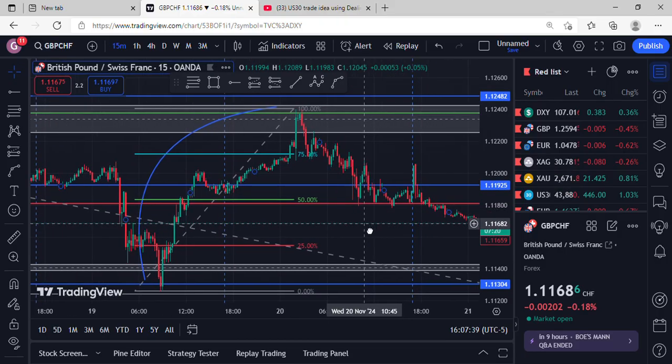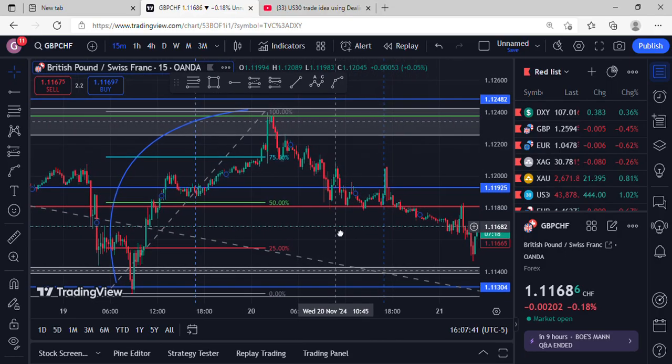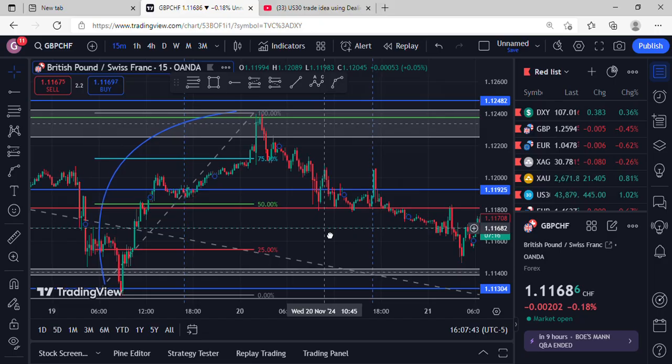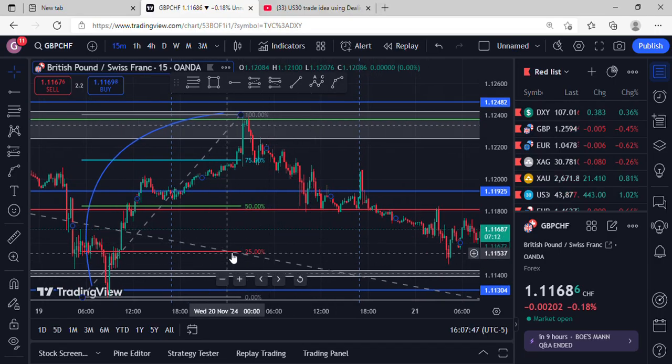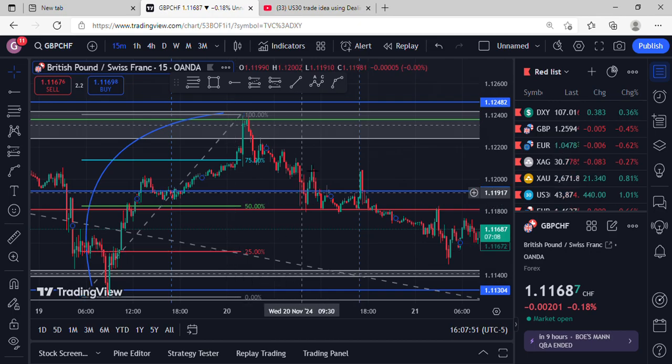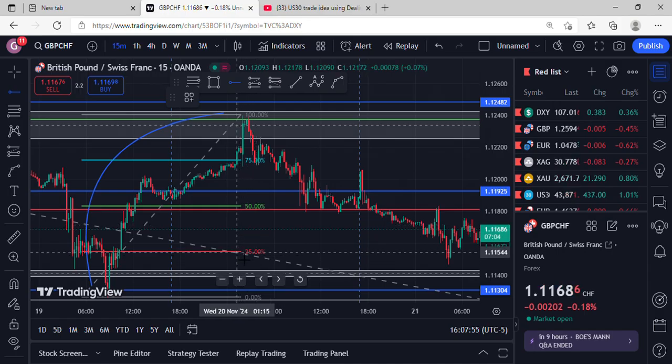So we see how we targeted the sell side of the curve right into the 25 DRT level. You see, we mark that out with the ray.